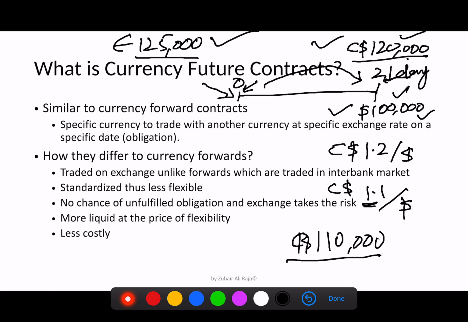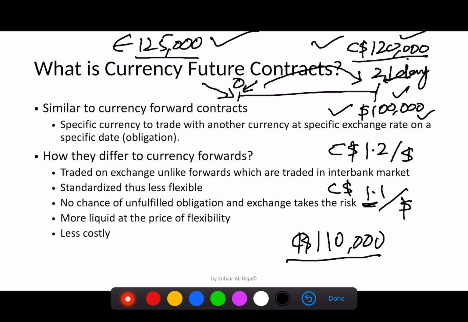If they back off, yes, their reputation will become bad, but it's still your risk, because you needed to get 120,000. You might not be concerned about the reputation now. You are more concerned about where your 120,000 is, and you are stuck with your US dollar 100,000.